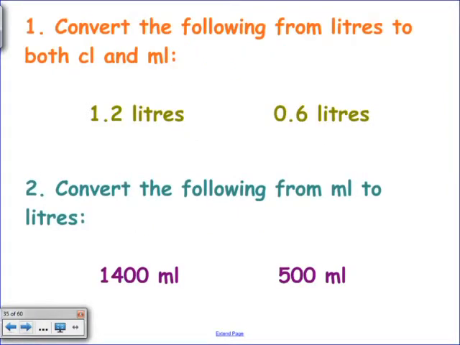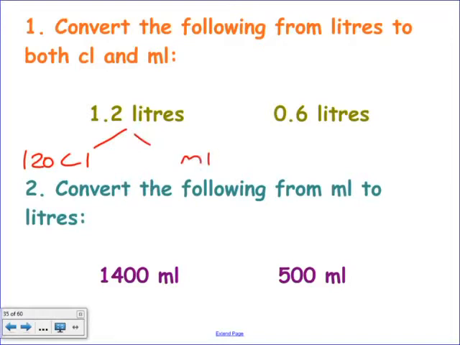So, 2 things for you to convert then. Convert the following into both centilitres and millilitres, 1.2 litres and 0.6 litres, and then convert the following from millilitres into litres. There's going to be an obvious answer and a less obvious answer. So 1.2 litres, how many centilitres is that? 120. Yeah, multiply it by 100, gives us 120.